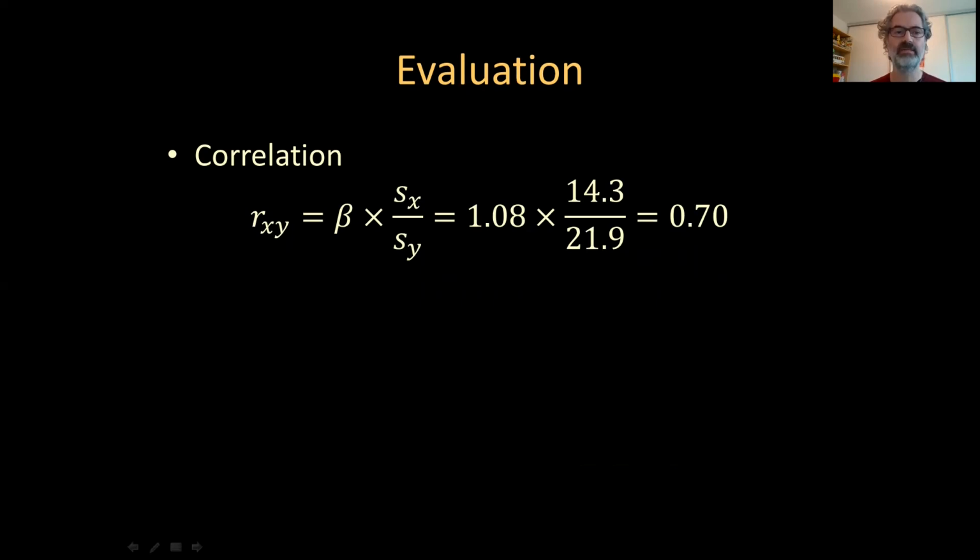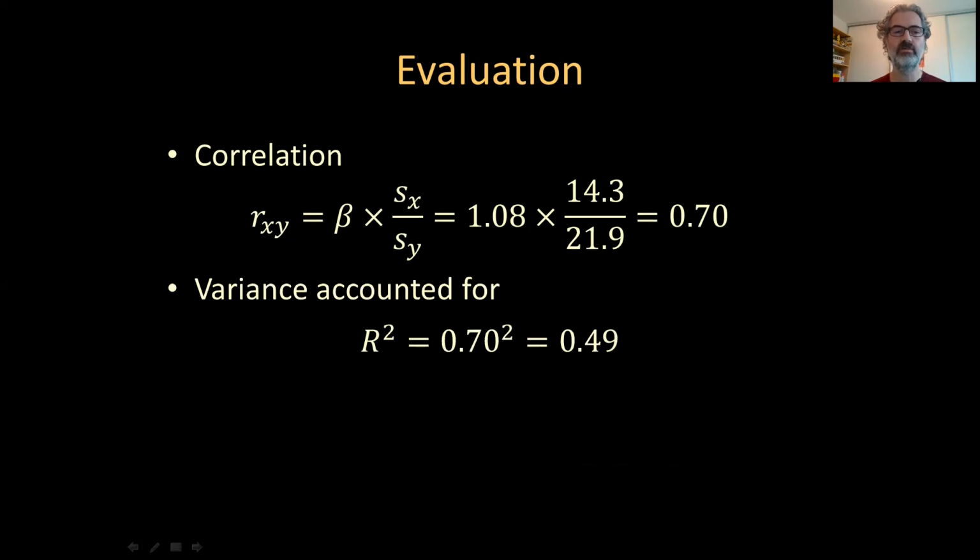The second index we can use is the variance accounted for, the proportion of the total variance in vocabulary that is accounted for by age. And that's R square, which in the simple linear regression is equal to the square of the correlation, and that's 0.49.